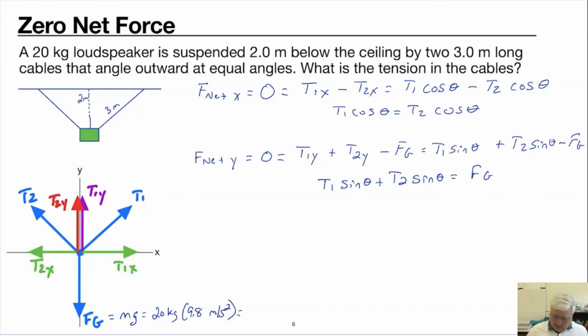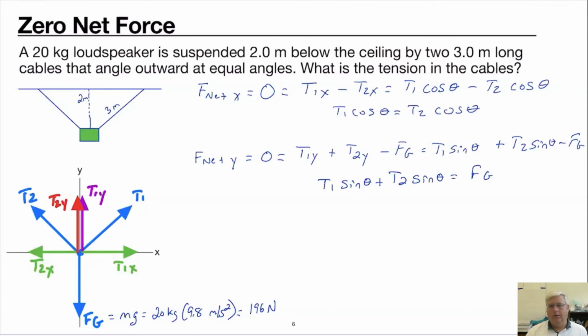Okay, and that'll give us 196 newtons. Let's see, what else do we know? We knew that we had a length here of 2 meters, a length here of 3 meters. And I guess that's about it.